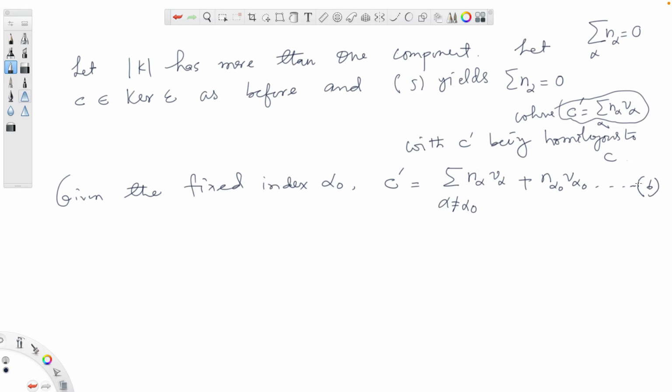Now we know that the sum of all the n alphas is equal to 0, which we numbered by 5, right? And this implies that, again we decompose into two parts, extract this alpha 0 part out of this sum, and we get minus the sum of all the n alphas such that alpha is not equal to alpha 0 is equal to n sub alpha 0.